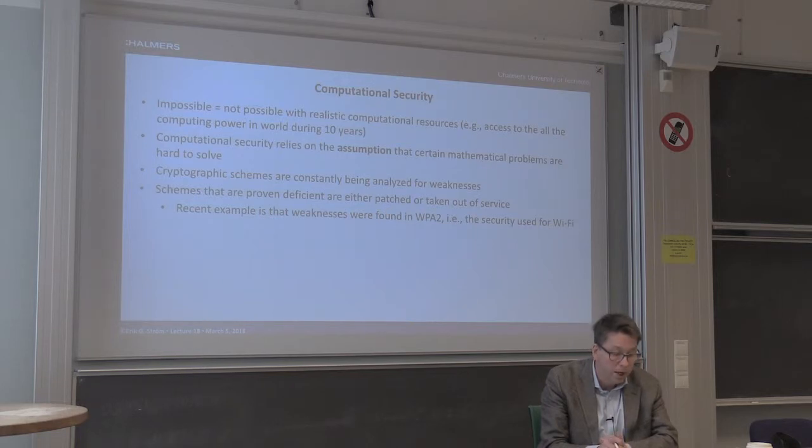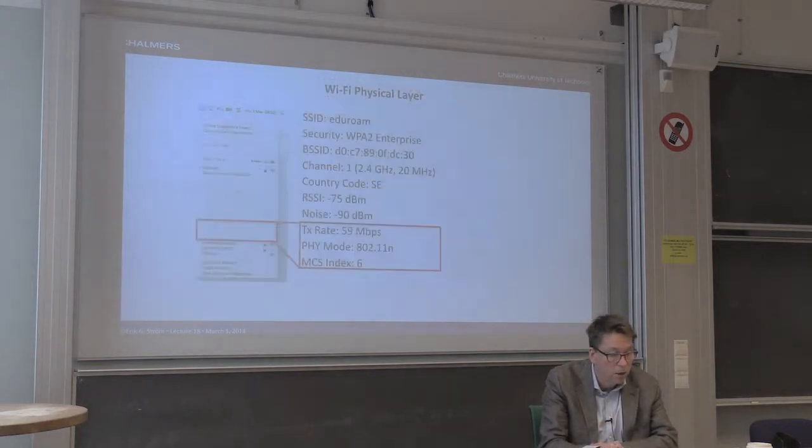I don't know, but last year there was a weakness found in WPA2, which is the security used for Wi-Fi. If we go back and look here, we see security WPA2, which is the recommended way to do things. There are also security solutions in Wi-Fi which you definitely should not use. Something called WEP.